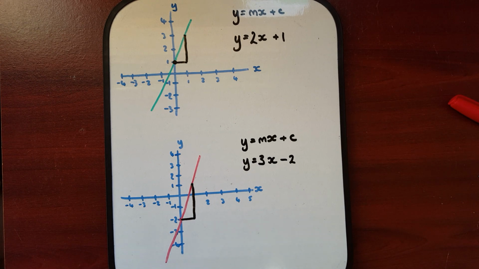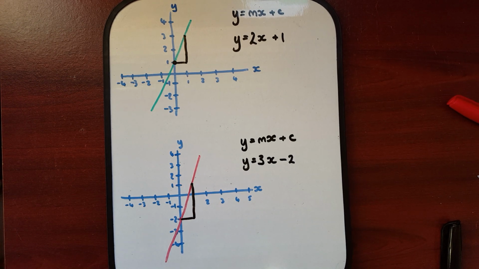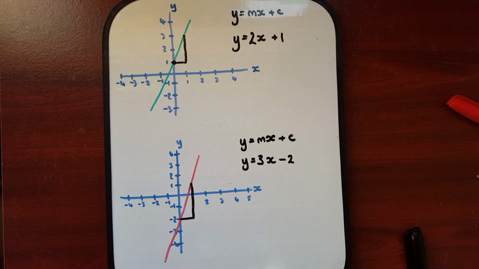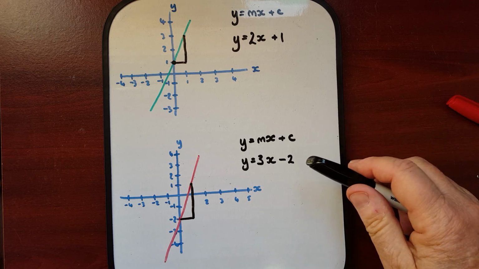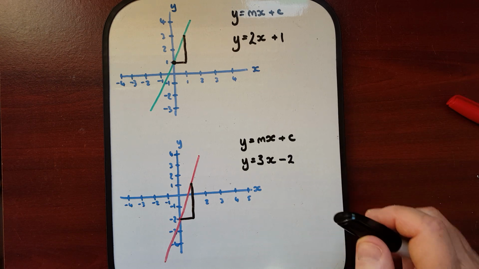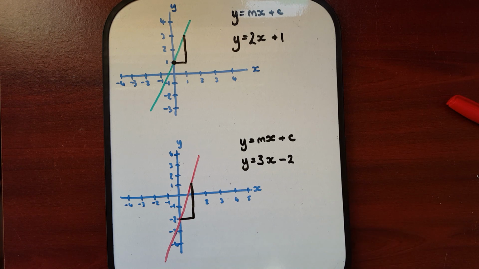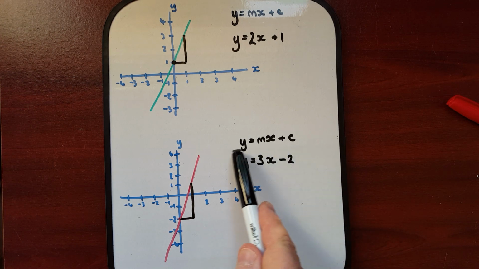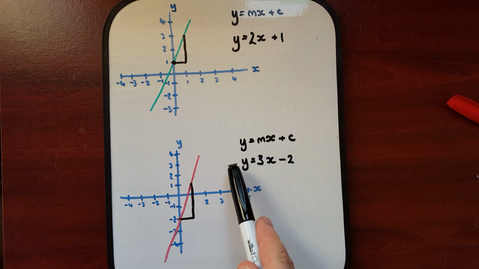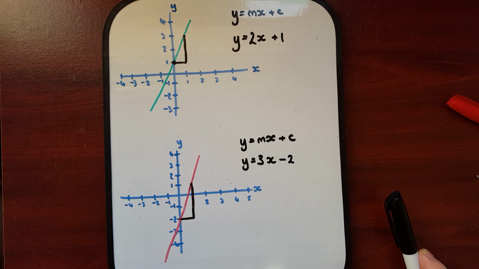Now, in your maths work, you could be asked to do what I've just done with you here. Get a line and find out its name. You could also be asked how to find the line from the name. So it's possible that you could be given a question that says, draw the graph of y equals 3x minus 2.